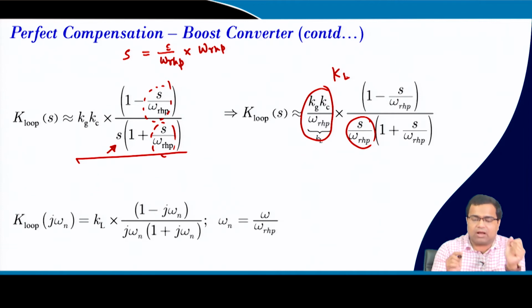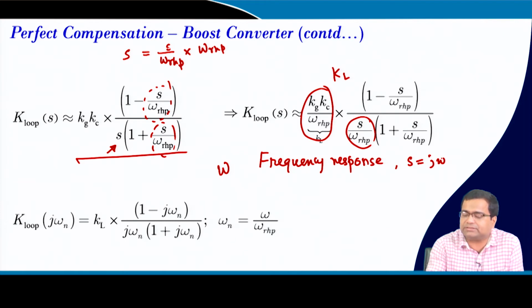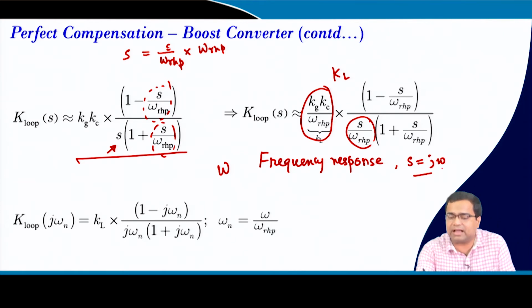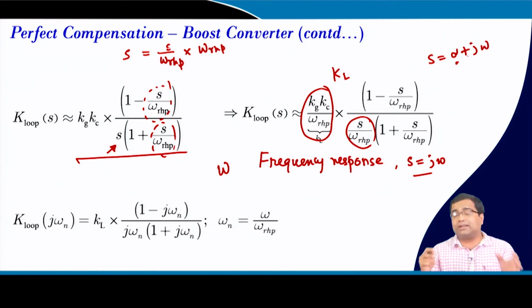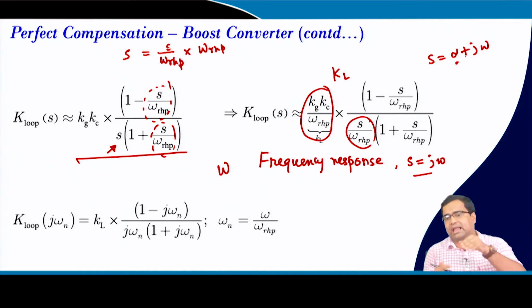Now, we want to replace this. If you go for frequency response, we generally write s equal to j omega, because in general we write s equal to sigma plus j omega, but for a stable system, the sigma term, which is associated with the exponential decay, will decay and eventually come to steady state.